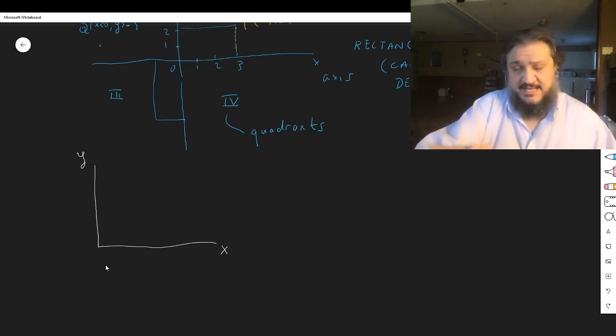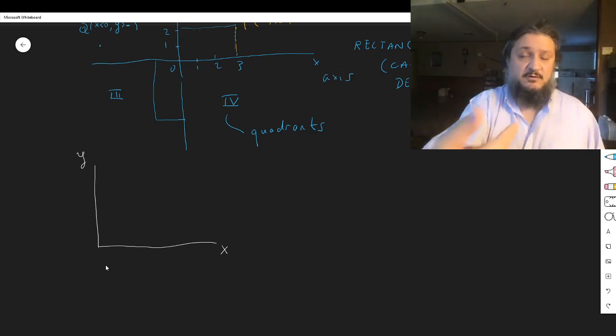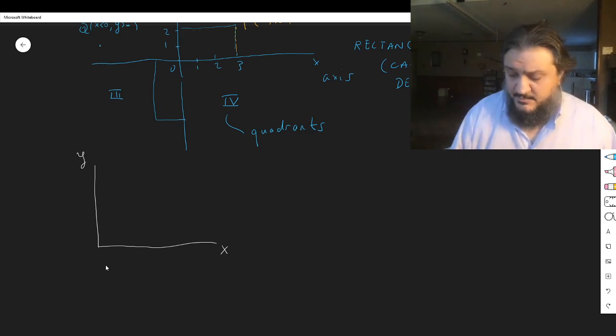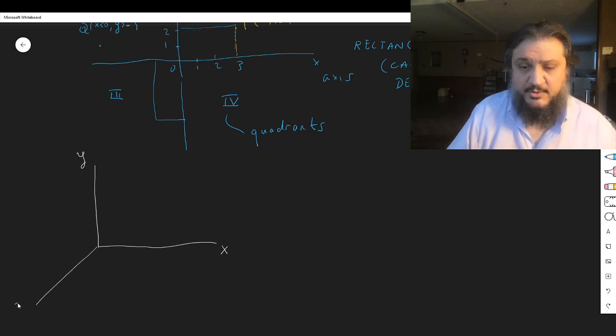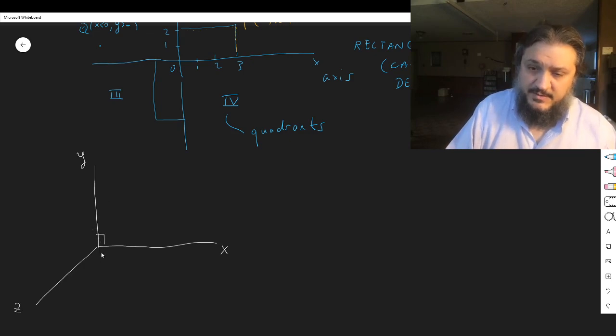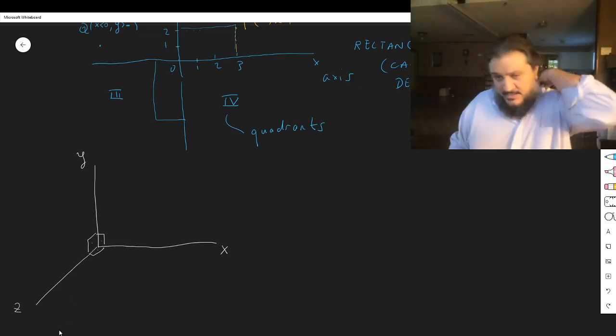So think of it as an axis that is coming out of the monitor or from the paper, which I will show as this line here, and I'm going to call it Z. All right, so x and y are perpendicular, x and z are also perpendicular, and y and z are perpendicular as well.